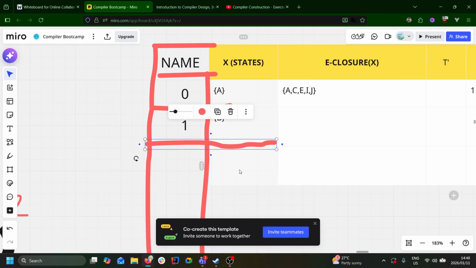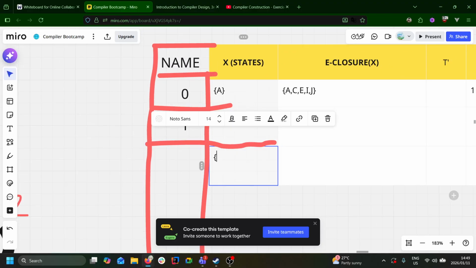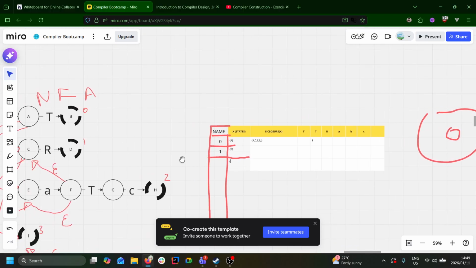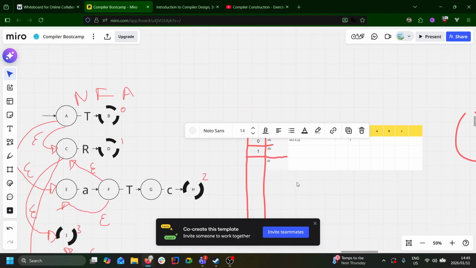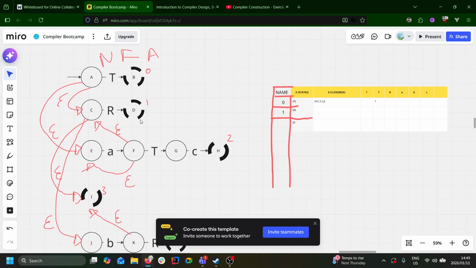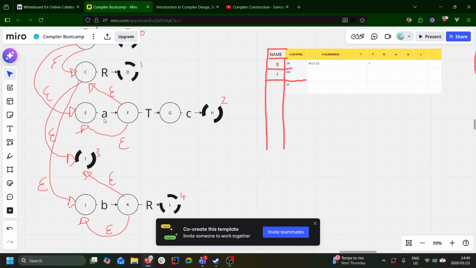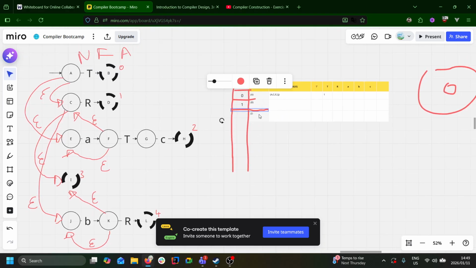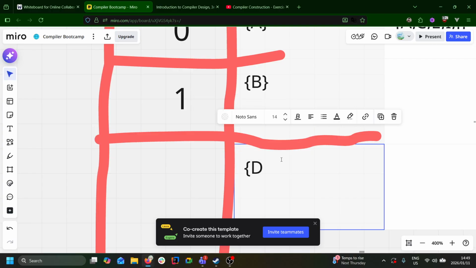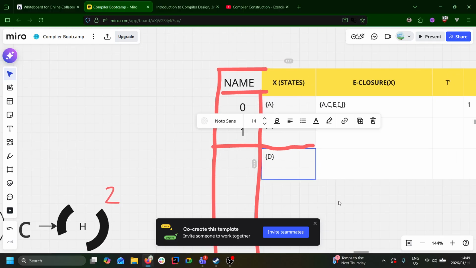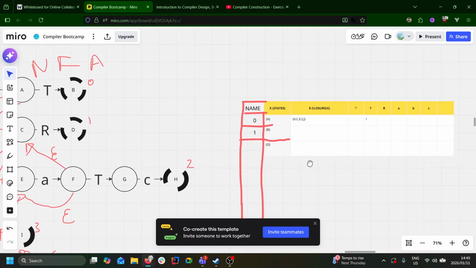So we're just gonna have another row for this, which is going to take us to D. And is there another transition for R? Doesn't look like it. So this is just gonna be D on its own.